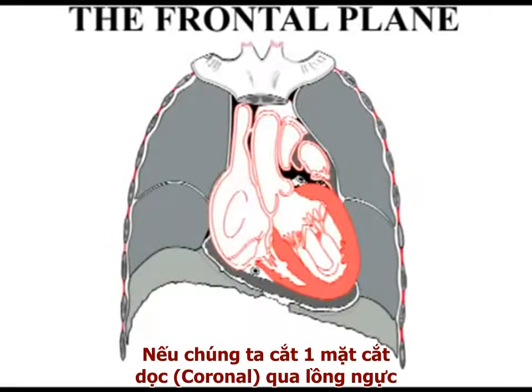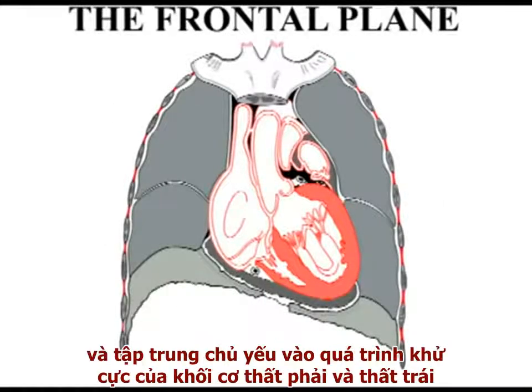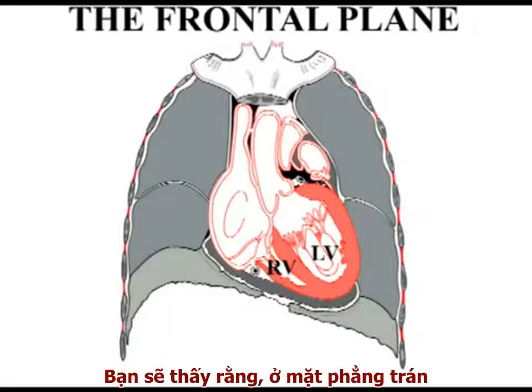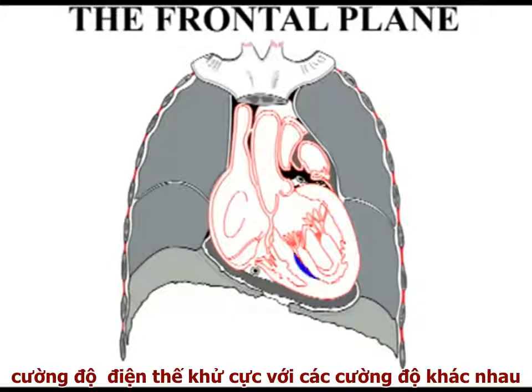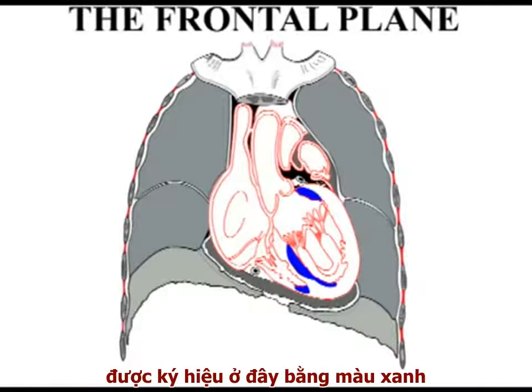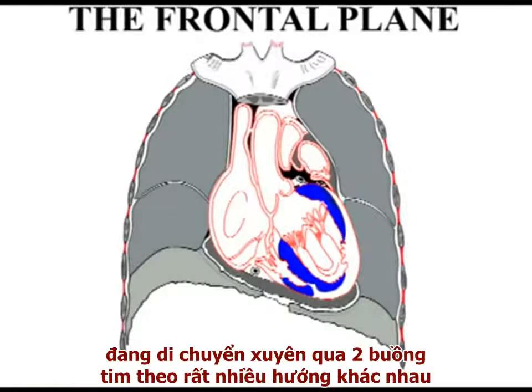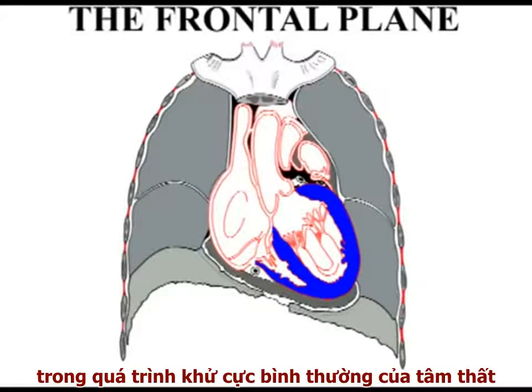If we take a coronal section through the chest cavity and focus on depolarization events in the main muscle mass of the right and left ventricles, you will see that in the frontal plane, depolarizing forces of differing magnitudes, seen here in blue, are moving through the chambers in many different directions during the normal process of ventricular depolarization.